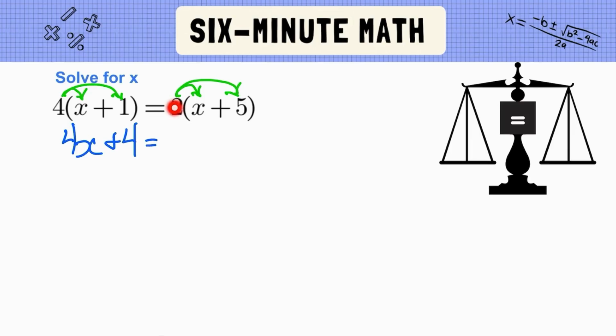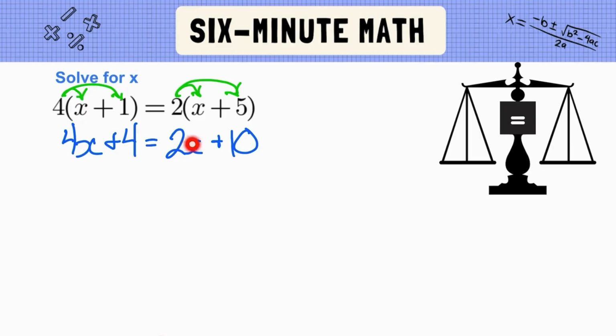That's going to equal 2 times x is 2x, and 2 times positive 5 is 10. I need to get my variables on one side of my equal sign.